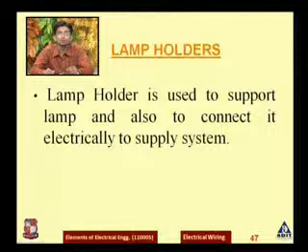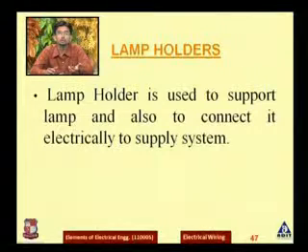A lamp holder is used not only to support the lamp, but also to connect the lamp electrically to the supply system. You can temporarily connect the lamp with two wires or the plug also, but in order to make permanent use of the lamp, you have to use the holder, right?